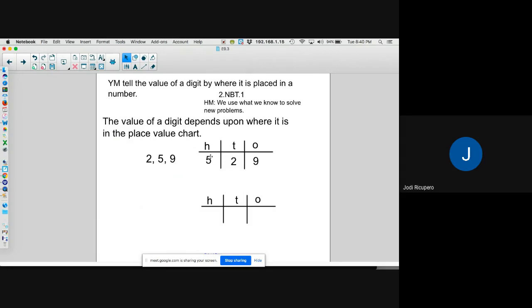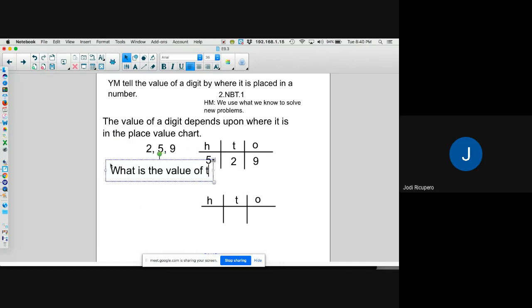What is the value of the 5? If you said the value of the 5 is 500, you are correct. I could also say that it is 5 hundreds.